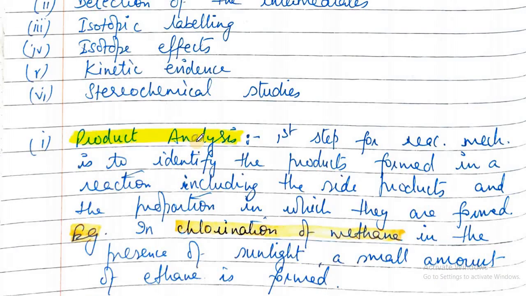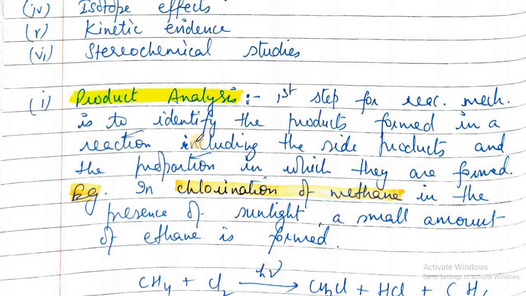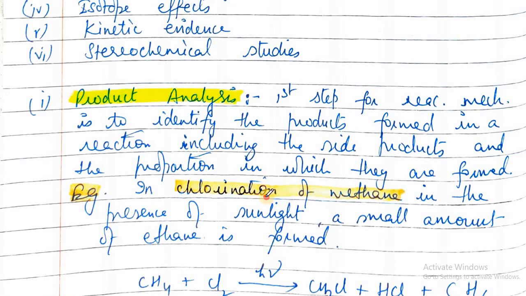First is product analysis. As the name indicates, in a reaction we take up one product and then analyze how that product can be formed. For example, in chlorination of methane we get various products, but one product which is formed in a very small amount is ethane.